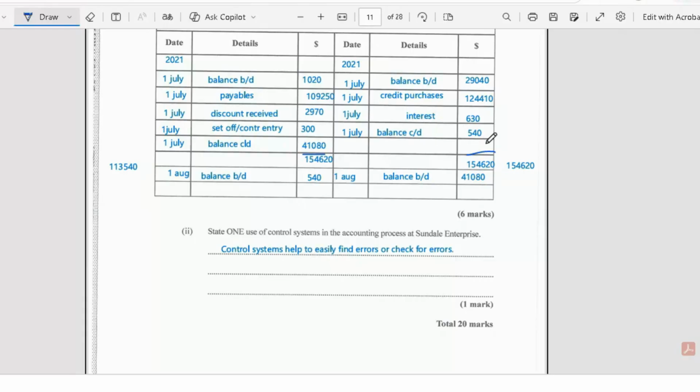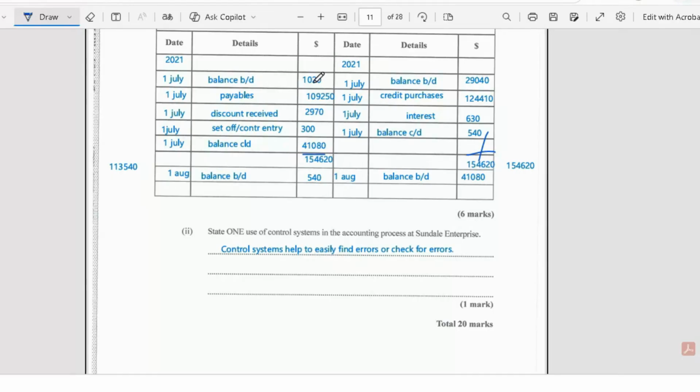Why did I put it on my credit side? Because I want when I get my balance b/d on the 1st of July, it should be 540 on the debit side because that's what they told us that it's going to be. So 540 on the credit side. Now because we're sure of the credit side, we can add up to get the total of 154,620.